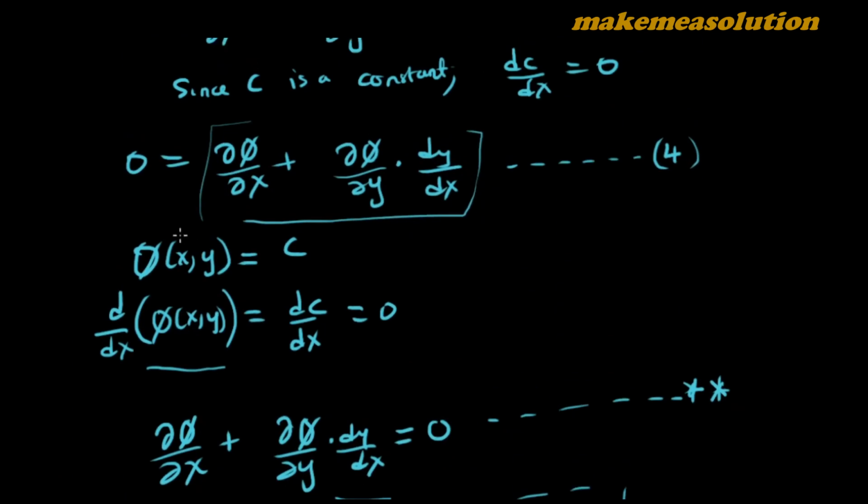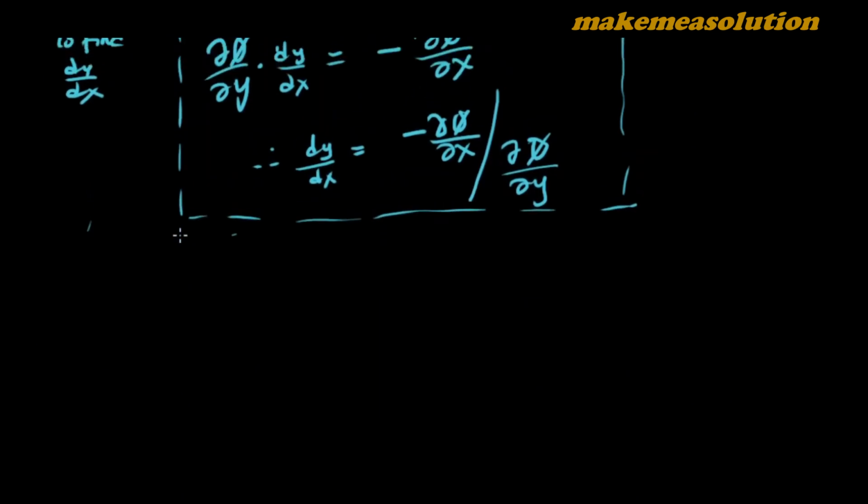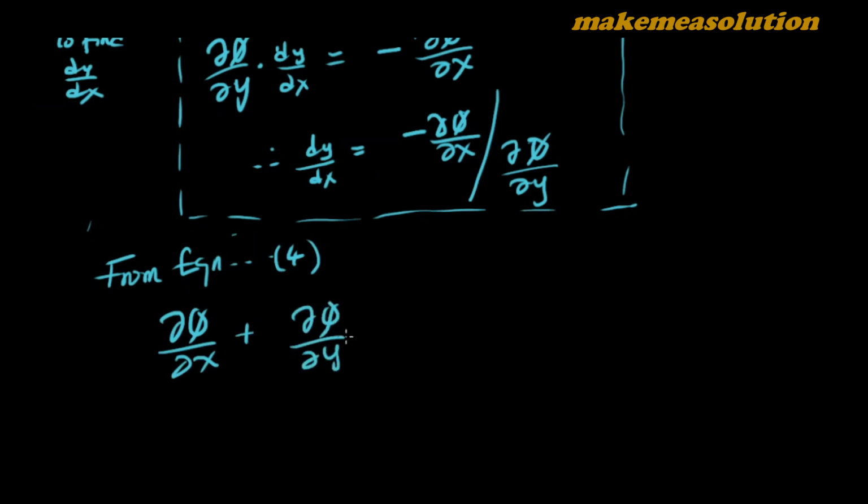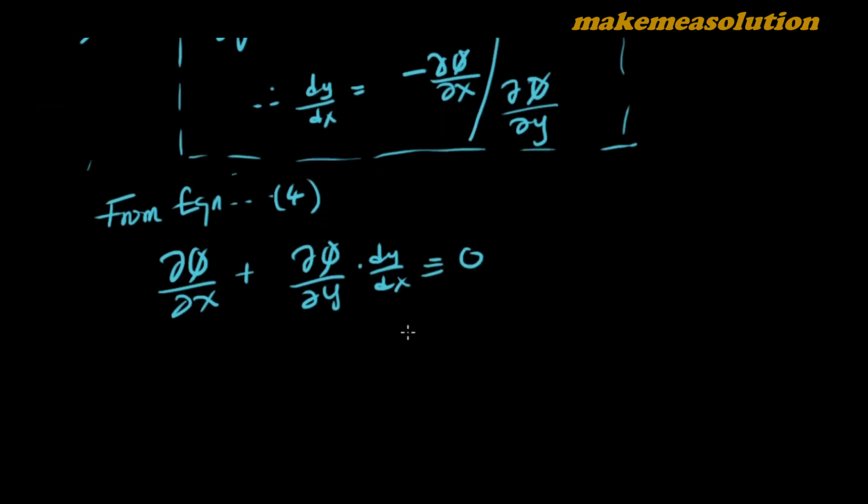I want to modify the appearance of equation 4. In equation 4, we had del phi del x plus del phi del y times dy/dx is equal to 0. Now permit me to multiply through by dx.